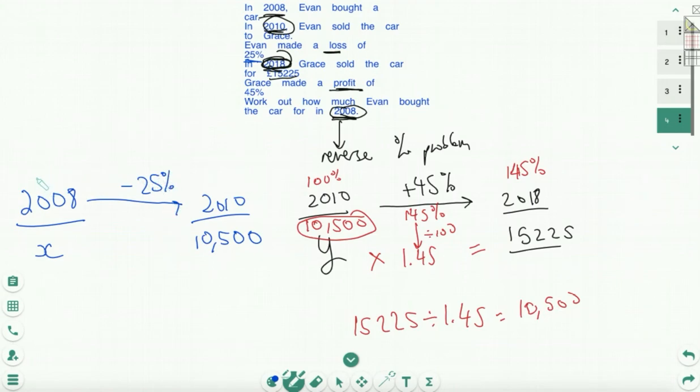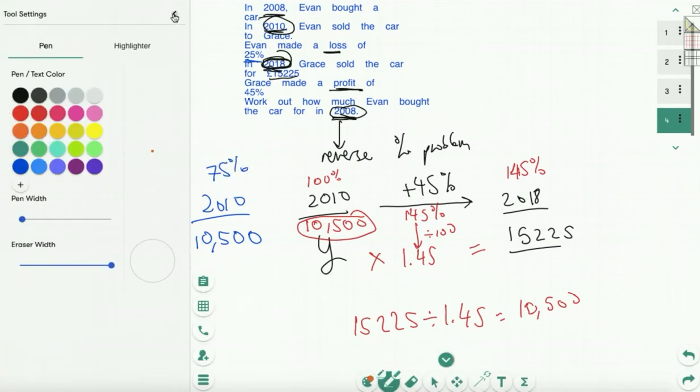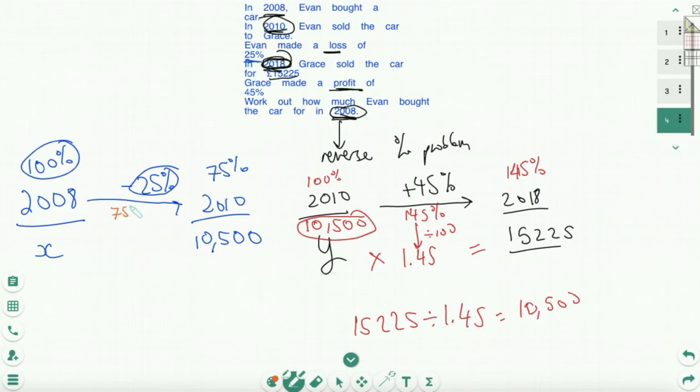So, same as before, the original price is 100%. We subtract 25%, and that is going to give us 75%. We'll turn 75% into a decimal by dividing by 100, which is 0.75. So some number multiplied by 0.75 is 10,500.